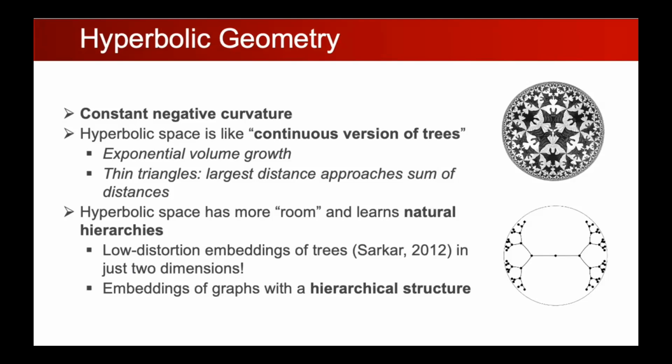For instance, Sarkar in 2012 introduced a combinatorial construction to embed trees in hyperbolic space using only 2 dimensions with arbitrarily low distortion. So this is a pretty strong property for hyperbolic space. And more generally, we can embed graphs with hierarchical structure with low distortion compared to Euclidean space.